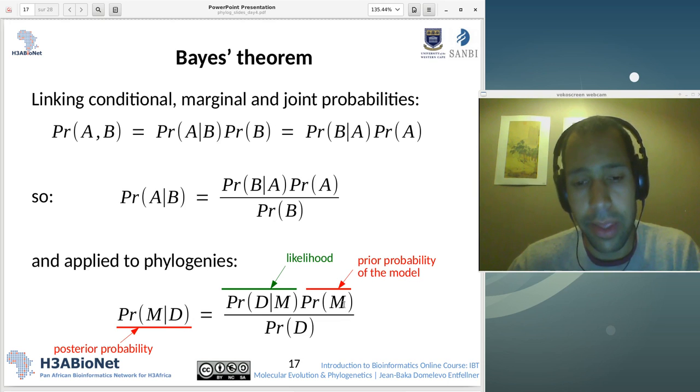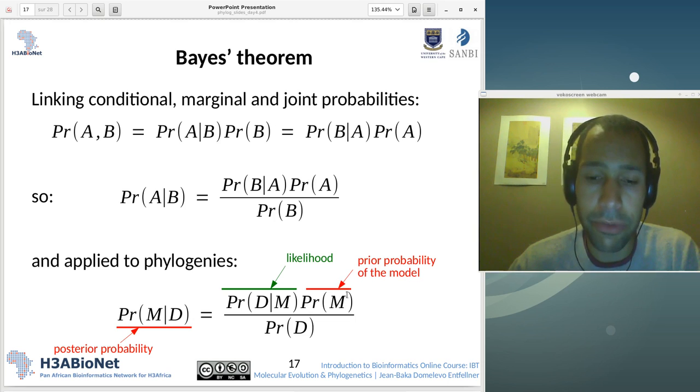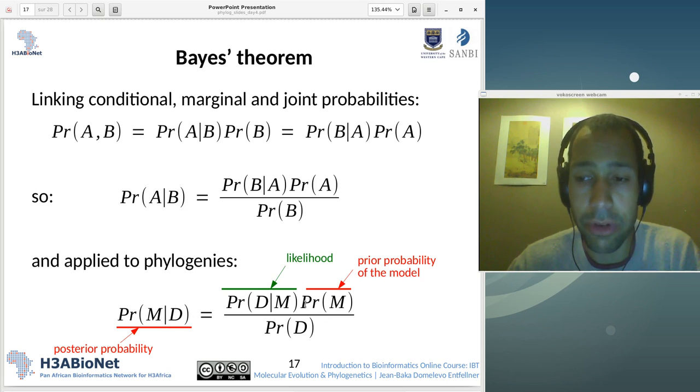And the Bayesian viewpoint is that you had a probability of the model a priori, before you saw the data. So the idea of the Bayesian framework is that the observation of the data modifies your belief concerning the model.